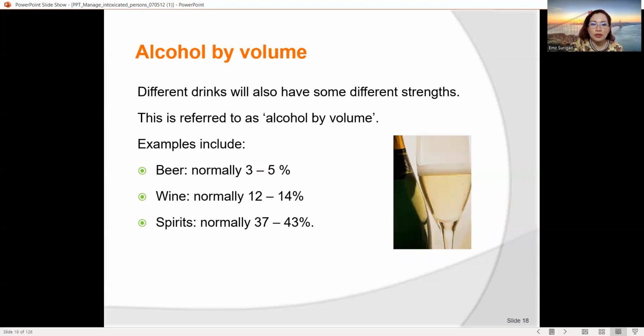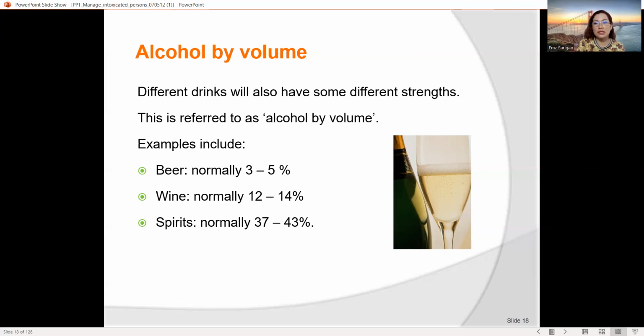So alcohol by volume. Different drinks have different strengths. This is referred to as alcohol by volume. So beer is normally 3 to 5%. Wine normally has 12 to 14%. But spirits usually have 37 to 43%.